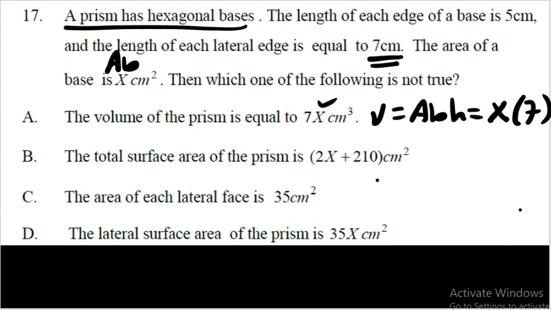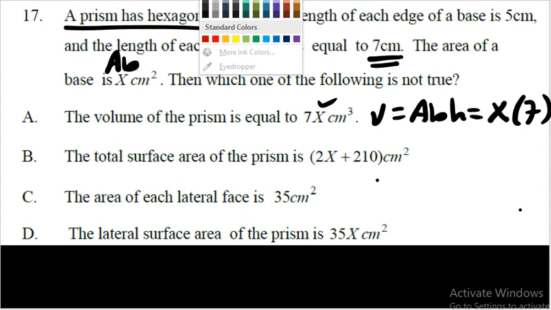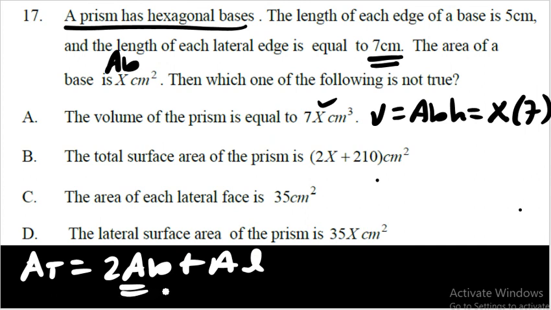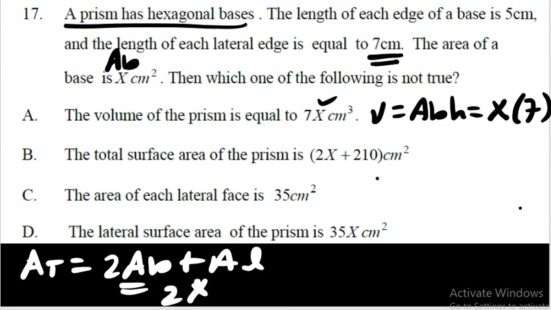The total surface area of the prism. Area total is the same as two area base plus area lateral. What are the two area base? Just 2x, because one area base is x already. Plus, what about the area lateral? Area lateral means perimeter of the base times height.